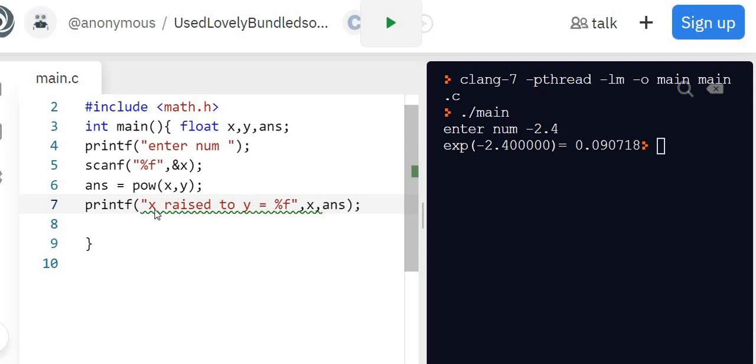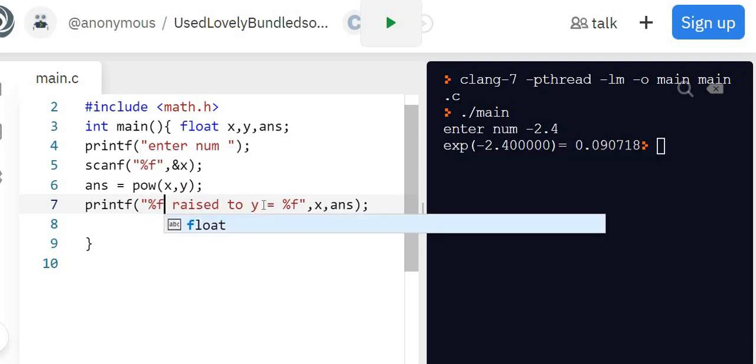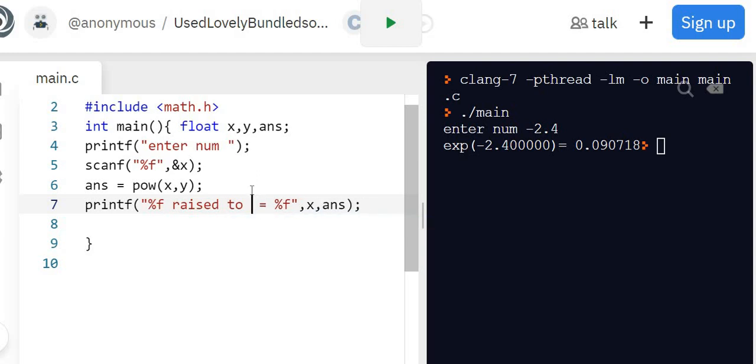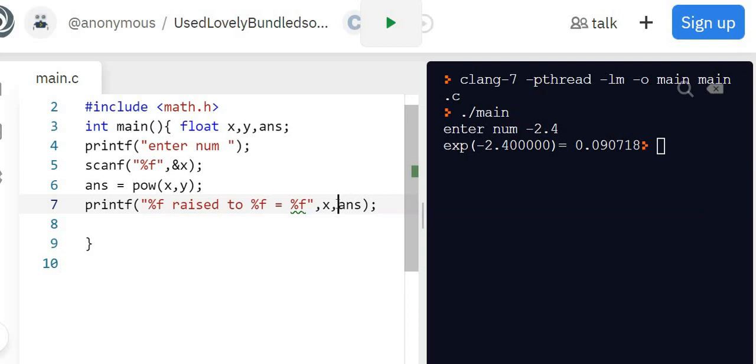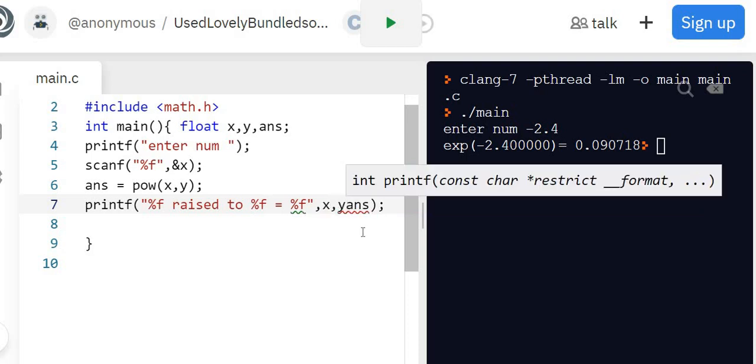Now in place of x we'll write percent f, in place of y we'll write percent f, and in the list we'll add x and y. And answer is equal to x raised to y.